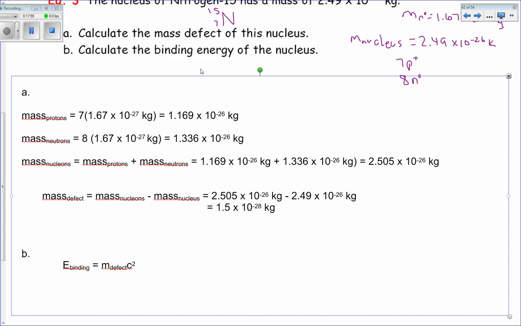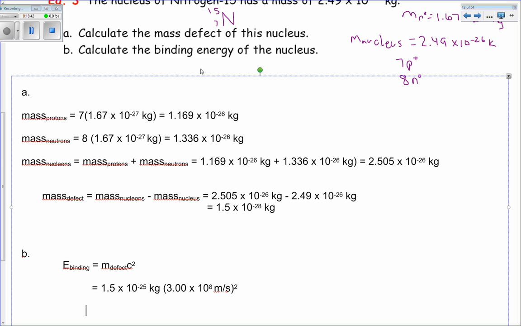Okay, and so then we take our mass defect, we found 1.5 times 10 to the negative 28. And I actually think there weren't more decimal places there. It actually rounded to 1.5, because otherwise you would take more decimal places. With your mass defect, you keep it to as many decimal places as you've been carrying the other things there. So 1.5 times 10 to the negative 28 kilograms times 3.00 times 10 to the 8 meters per second squared.